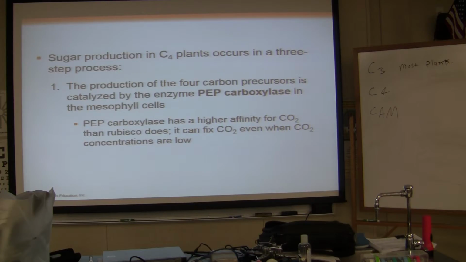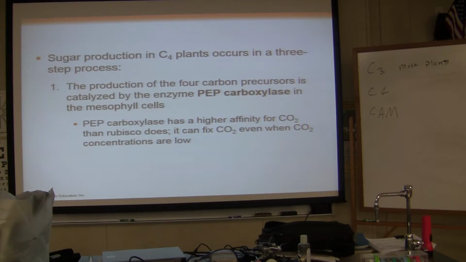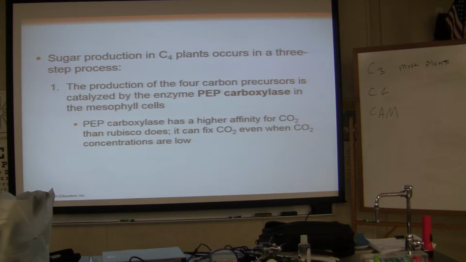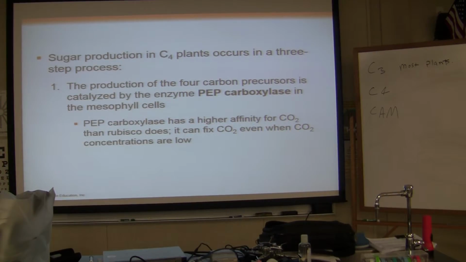C4 plants, the initiation molecule has 4 carbons, and 2 carbons come and attach to it, becoming a 6 carbon glucose molecule, right? And a CAM plant, we call it crassulacean acid metabolism, which is a little bit different. It uses crassulacean acid as an initiator, and the carbons come and attach to it.